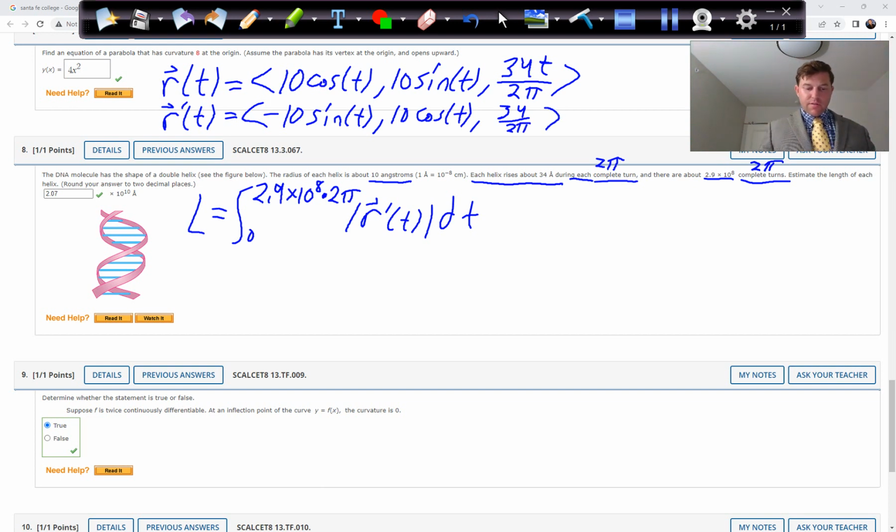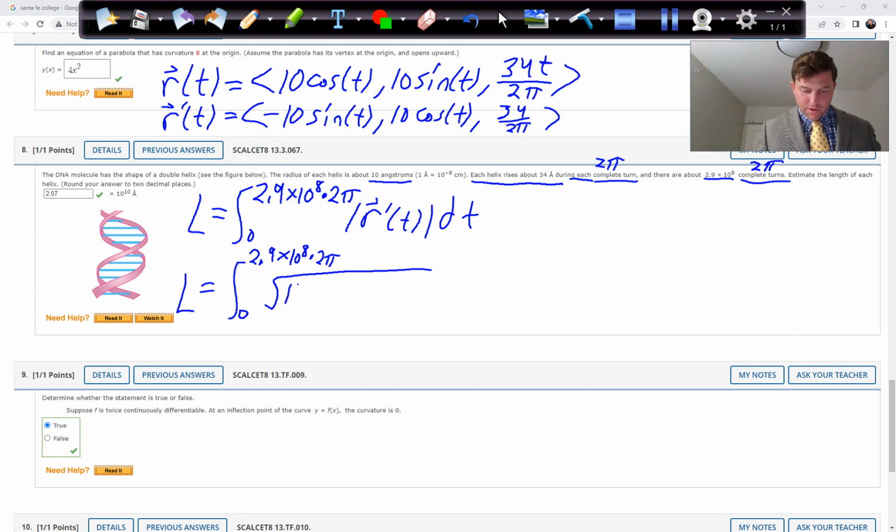Okay, the magnitude of this, however, is going to be the square root of each of these terms squared. Now I'm going to skip showing every little step. I'm going to square each of these 3 terms in the r prime of t.